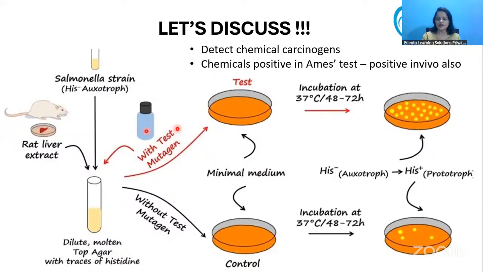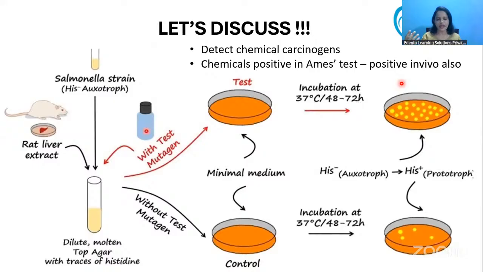Okay. So what does it mean? We had already used a histidine negative strain, a mutant strain which does not produce histidine. But at the end, if it is showing colonies with histidine production, then that shows that some kind of mutation has happened to this particular strain.